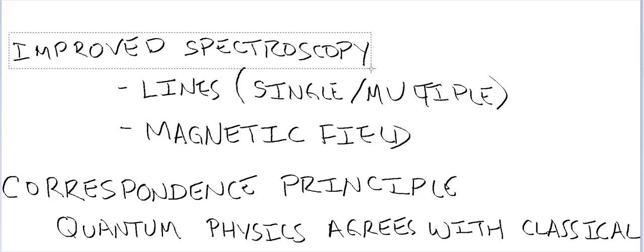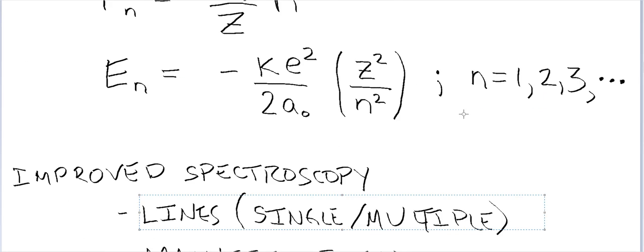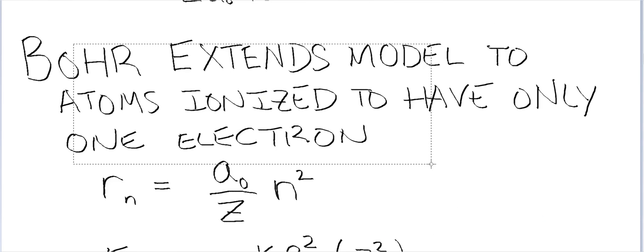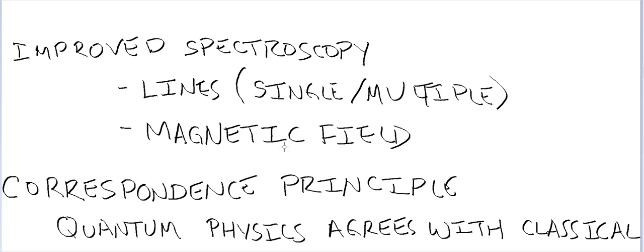As spectroscopy was improved, there were a couple of drawbacks even for hydrogen, but more specifically for this extended Bohr model. First, with improved spectroscopy, it was shown that some of the lines that you see that look like single lines are really multiple lines that are just very, very close together.